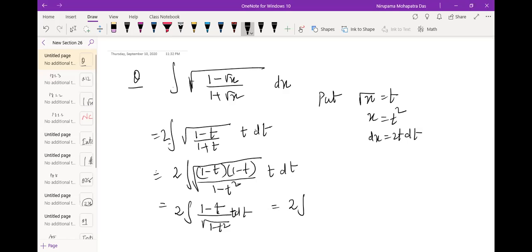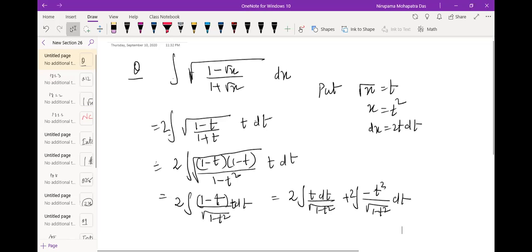That means you are actually having twice of t dt divided by under root 1 minus t square, plus again 2, then minus t square, under root 1 minus t square dt.